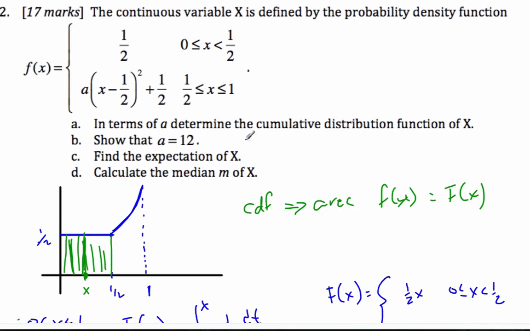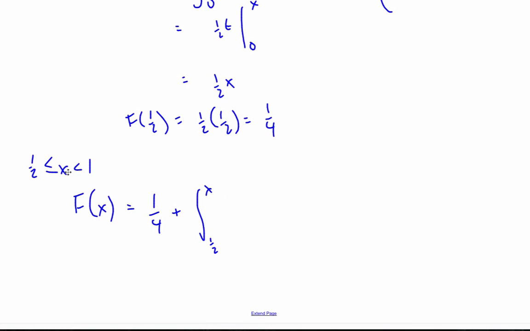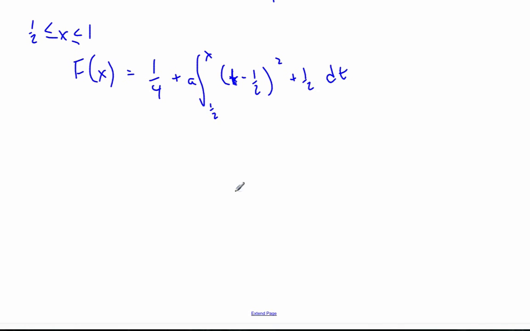And so now I'm going to go from 1/2 to x of a times (t minus 1/2) squared plus 1/2 dt. And I'm going to make this t, just to do proper notation, because even though this is the x that's accumulating, I just need something to hold the variable spot.